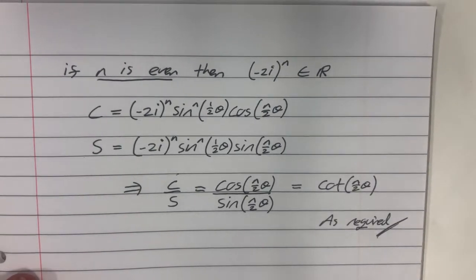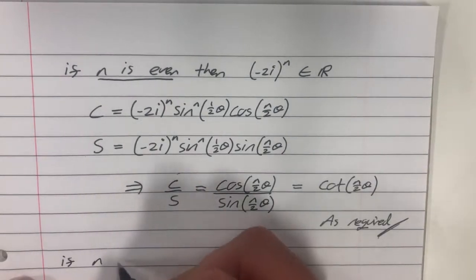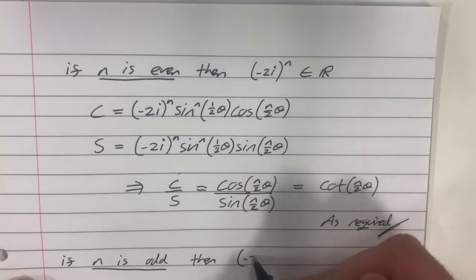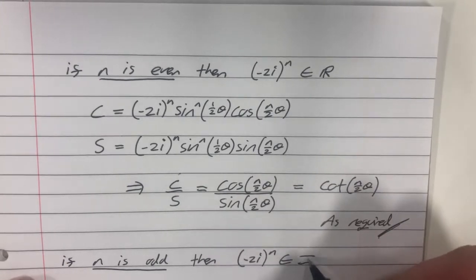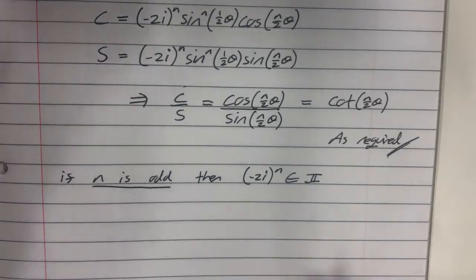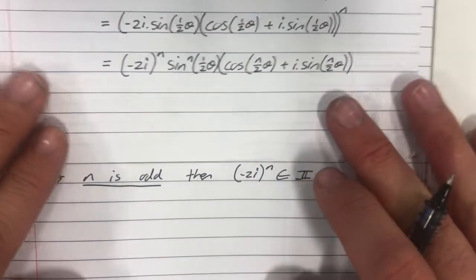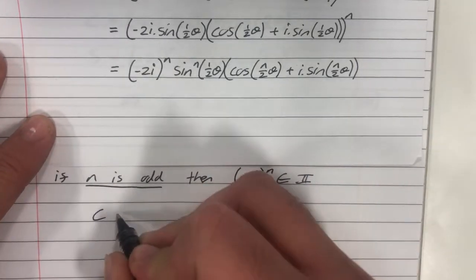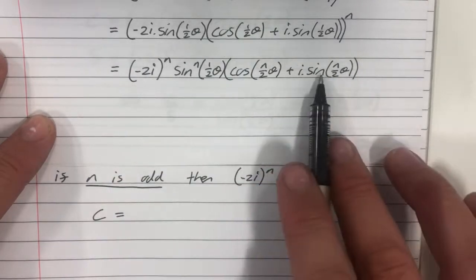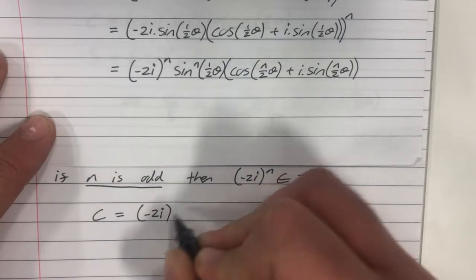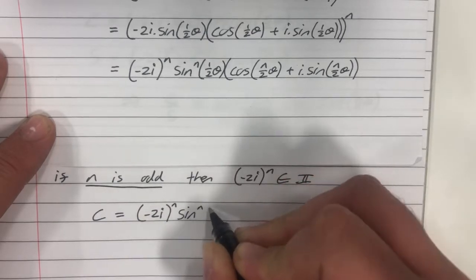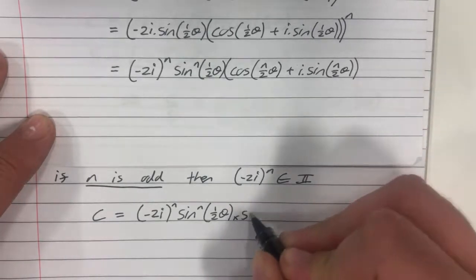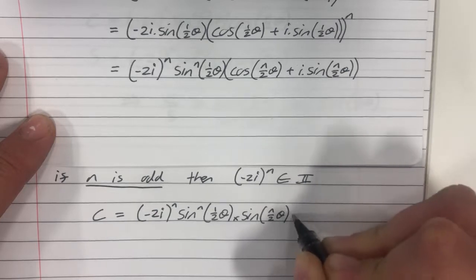However, if n is odd, then minus 2i to the n is purely imaginary. It's purely imaginary. So going back to this, that is an imaginary number now. So C is going to be the imaginary number times the imaginary number, that's the real part. So it's going to be minus 2i to the n sine to the n of a half theta times sine of n on 2 theta times i.